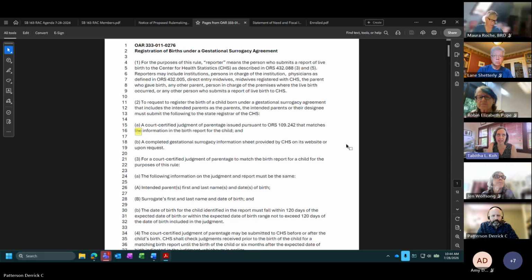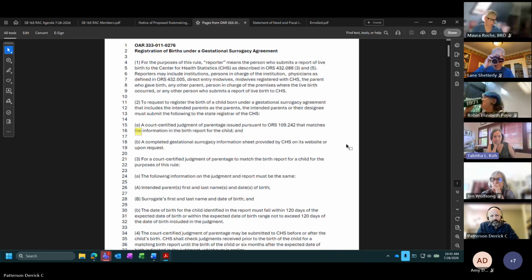In Washington State, when we went through this process with the UPA, the practice has been that we, of course, seek orders of parentage pre-birth in every case where we can. But if a baby is born before the judgment has been obtained, the valid contract can be used to allow the intended parents to report as parents from the hospital.